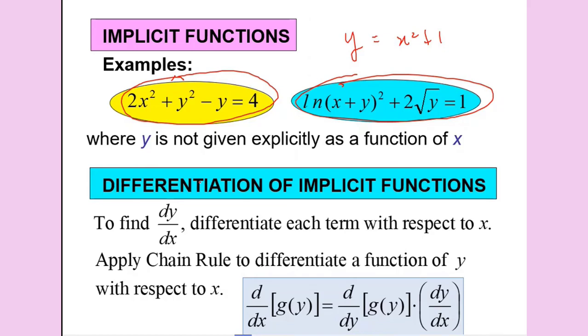Differentiation of implicit functions to find dy/dx. Our aim is the same, to find dy/dx. Differentiate each term with respect to x, the independent variable. Apply the chain rule to differentiate a function of y with respect to x.